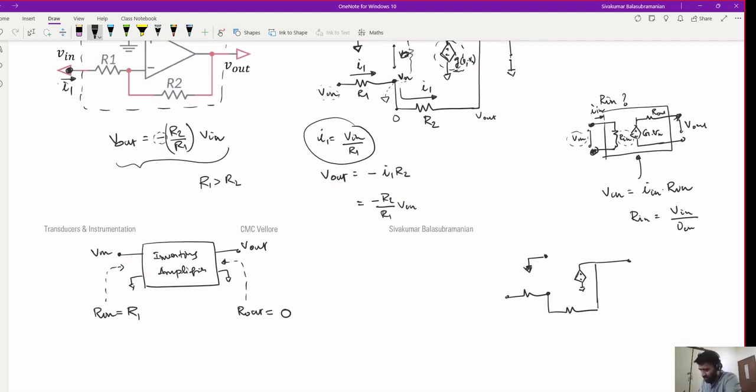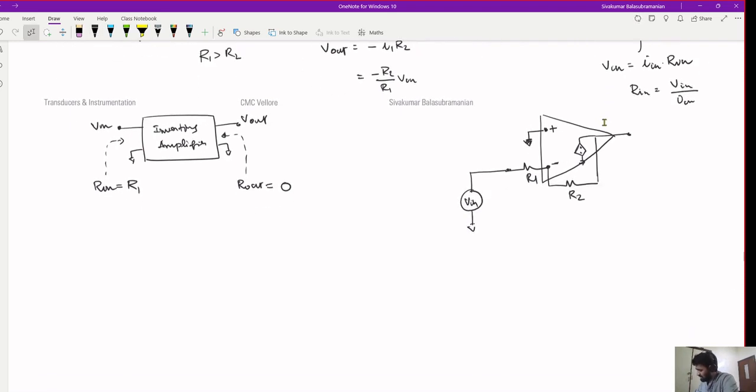Now tell me, in the case of the inverting amplifier, what is the input impedance? The equivalent circuit: this was your plus terminal, this was your minus terminal, this was R2. This was your op-amp circuit, but if you think of the whole thing as your inverting amplifier, then that block is simply like this.